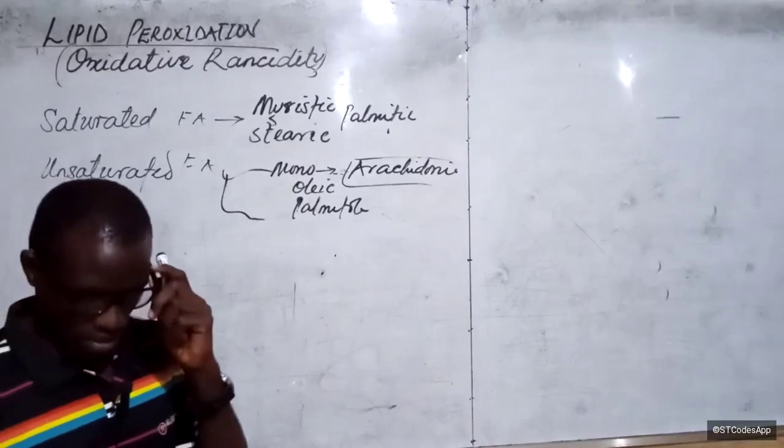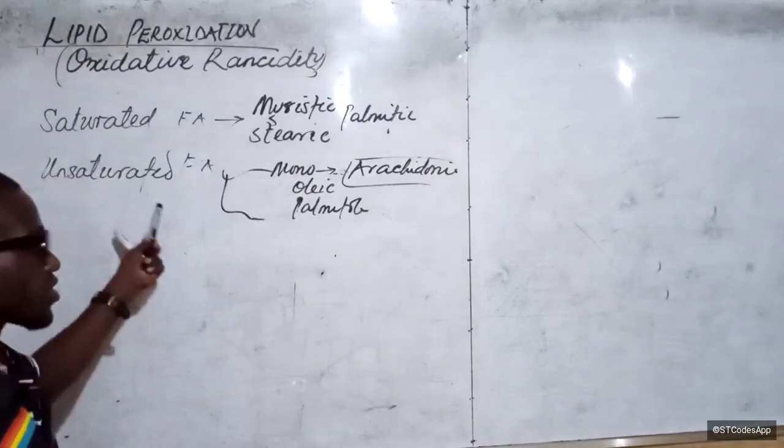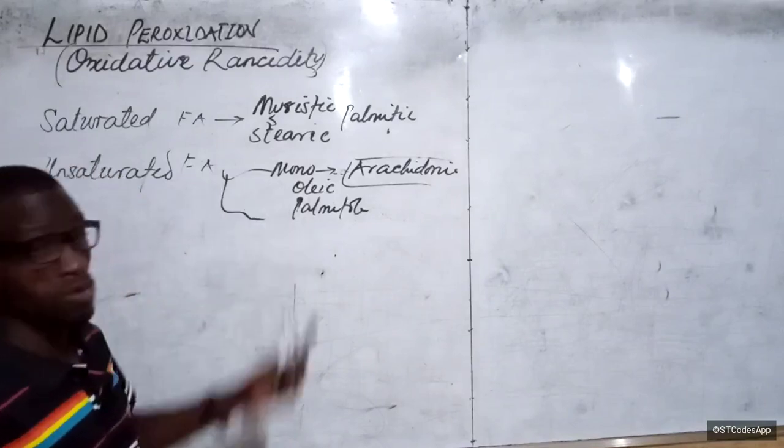Arachidonic acid is actually also an unsaturated fatty acid; I think it is monounsaturated.